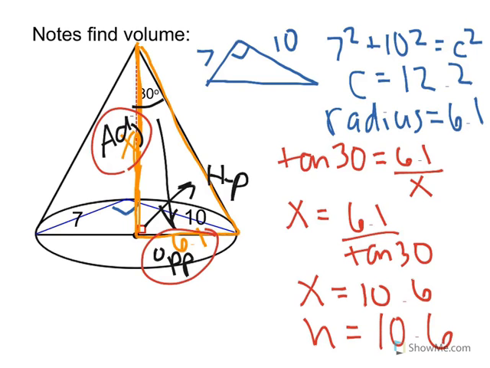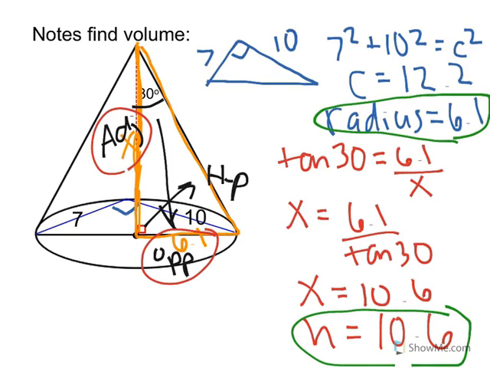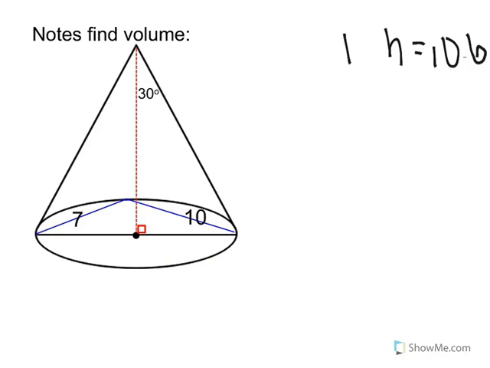I'm going to erase this so I can find the volume now, since I have the radius and the height, because those are the two measurements that I needed. Our volume formula is 1/3 pi r squared times the height.